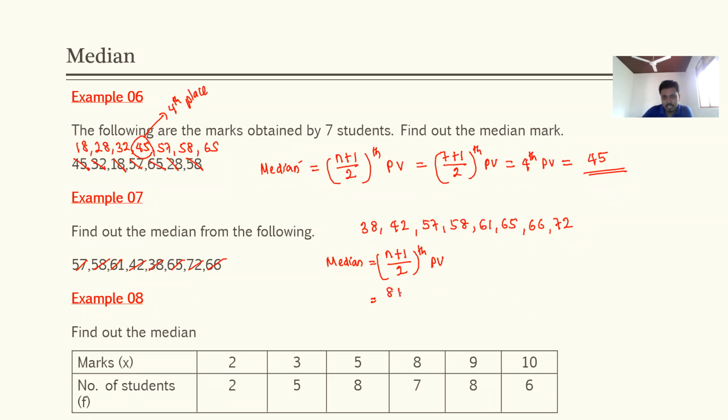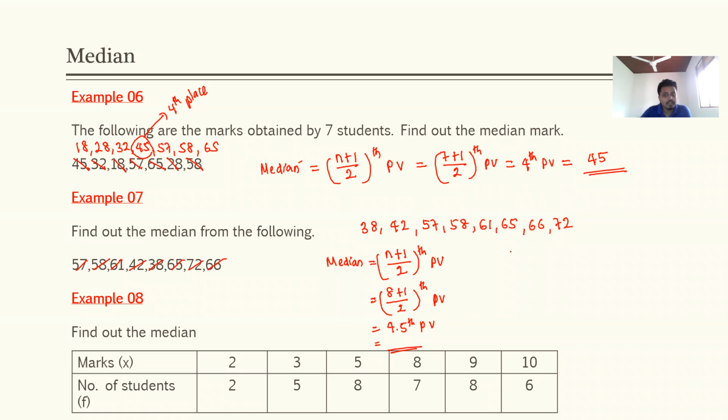So that should be 8 plus 1 over 2. We need to consider the positional value. Here it means 8 plus 1, 9. 9 over 2 means 4.5. 4.5 is the positional value. What should be the final answer here?